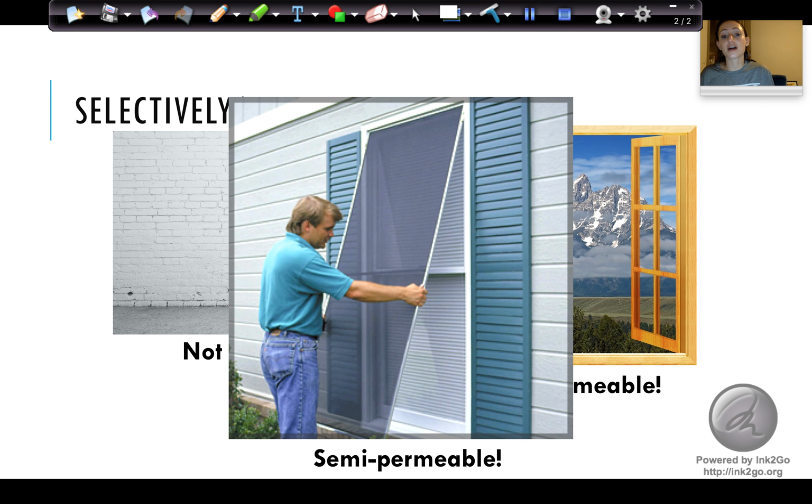So some of this stuff, like our cell membrane, is getting through. I hope this makes a little more sense. Another real life example of something that is semi-permeable is a fence, right? Especially if you have a fence up in your backyard. Maybe it stops your animals from going through, but insects or little animals can still get through.